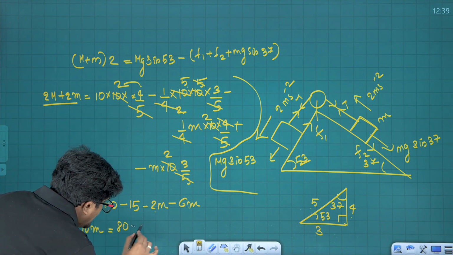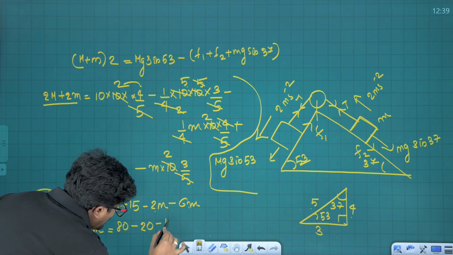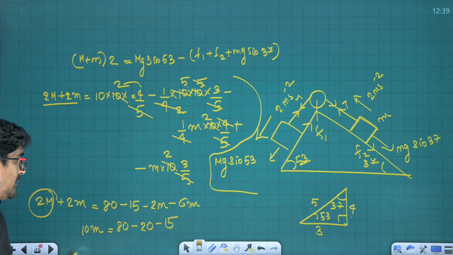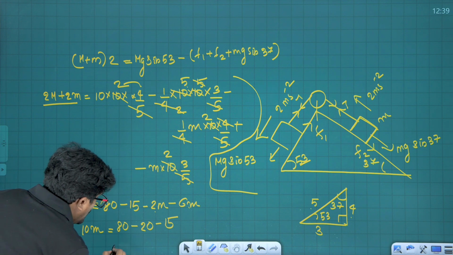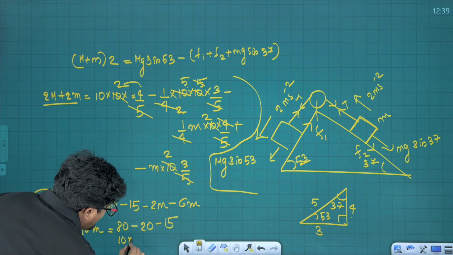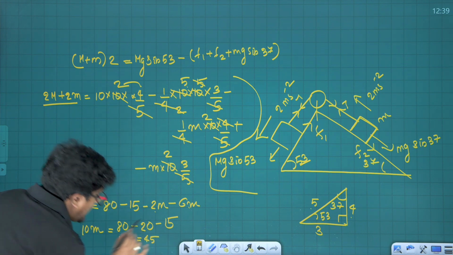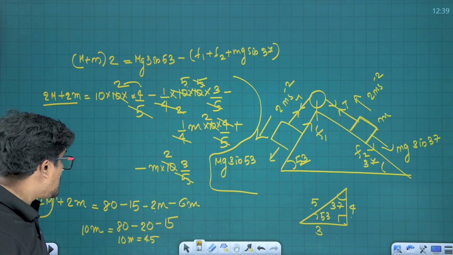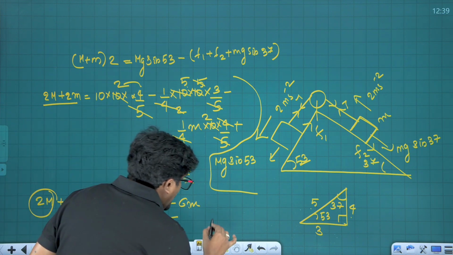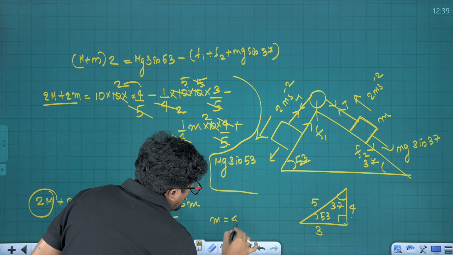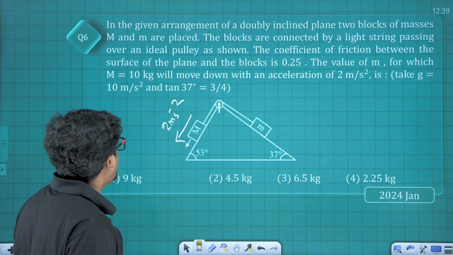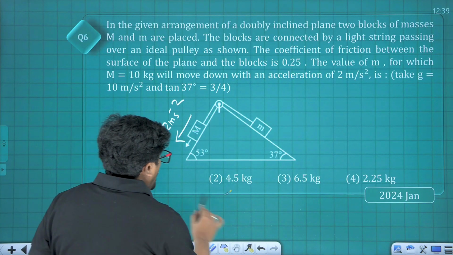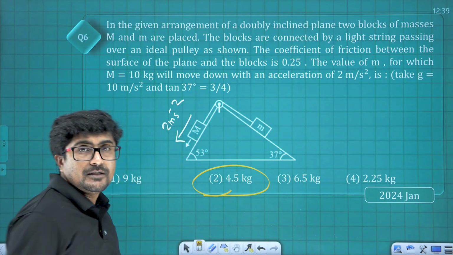So it's going to be 80 minus 20 minus of 15. 80 minus 20 is 60, 60 minus 15 is 45. So 10 times m is 45. I repeat, 10 times m is 45. From here I can say that m is equal to 4.5. That means option 2 is going to be the correct answer here.